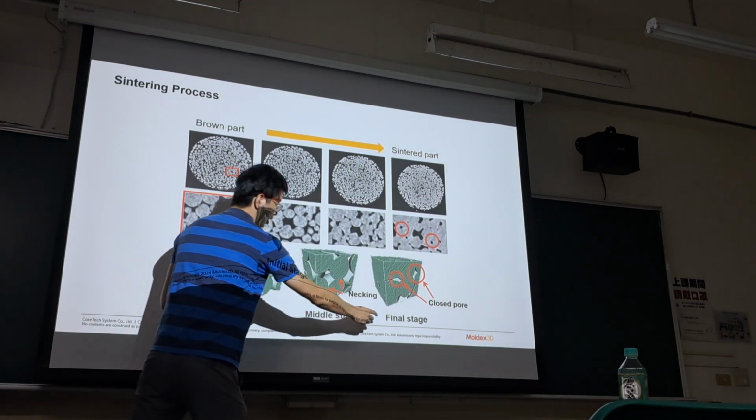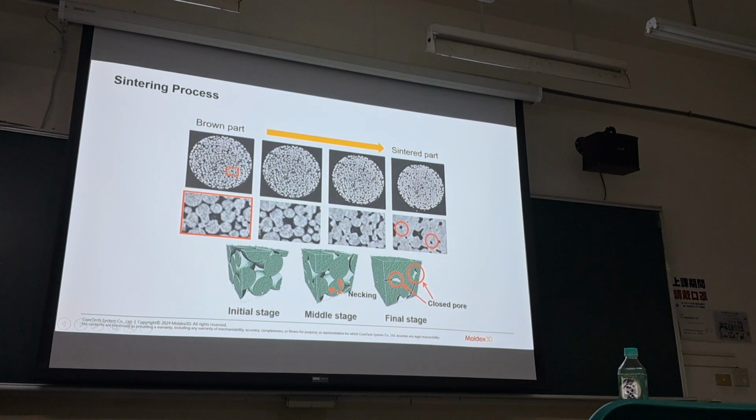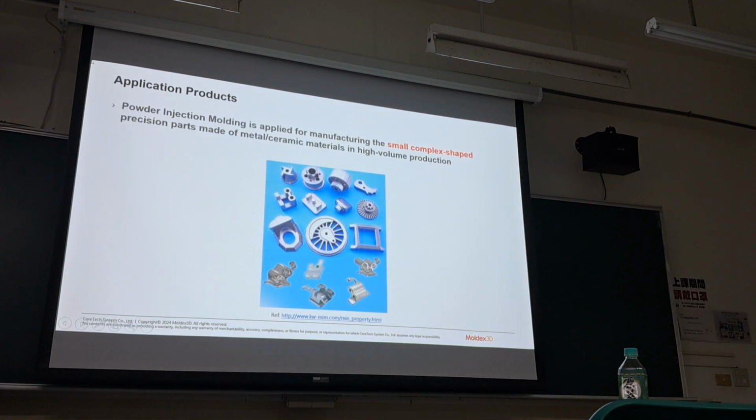Okay, and once we finish this stage, we can have a sintered cup like this one. Okay, any question? So powder injection molding is applied for manufacturing small and complex shapes.